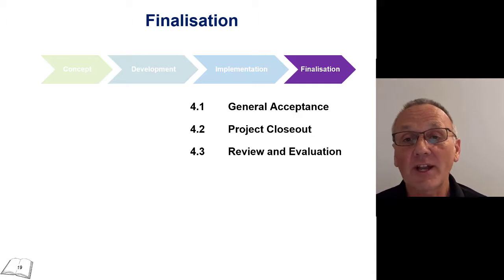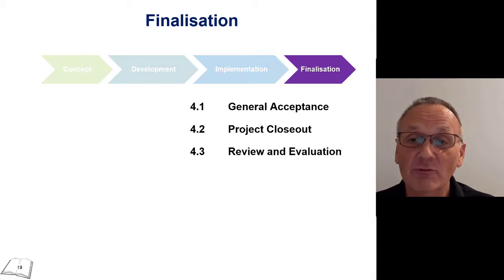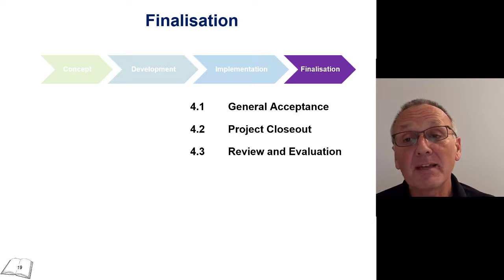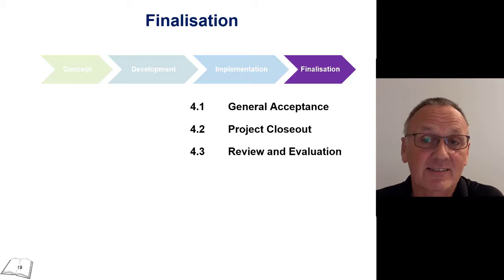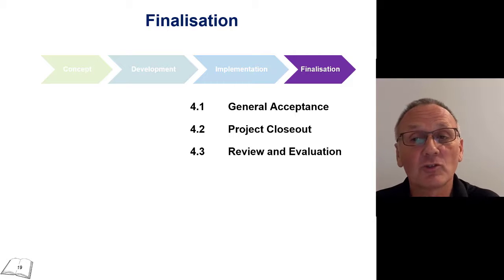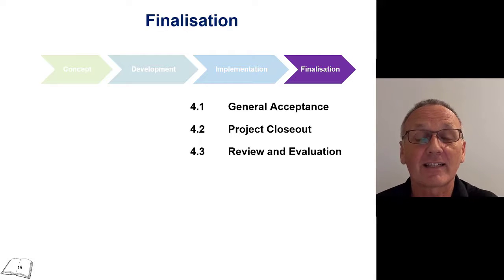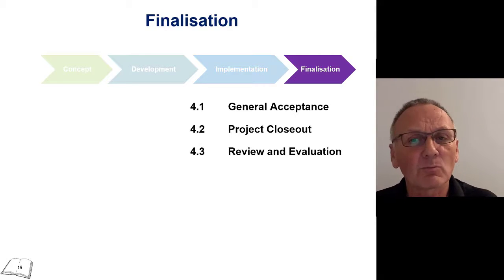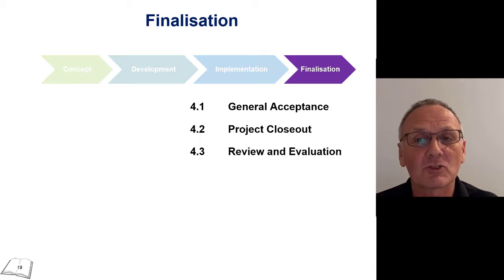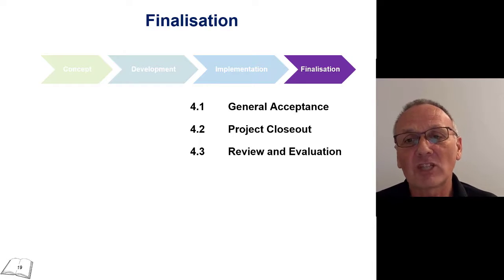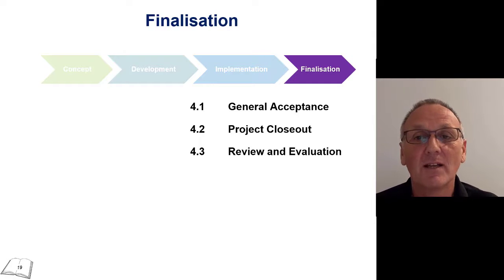Finalization is where the client has taken, or the users have taken, the deliverables and they've accepted them. So general acceptance anyway. They may be moving through doing their own tests and inspections and user evaluations and things like that. They may well come back with some warranty work for the project team to do, but essentially we have general acceptance because they've said that they will take them on.